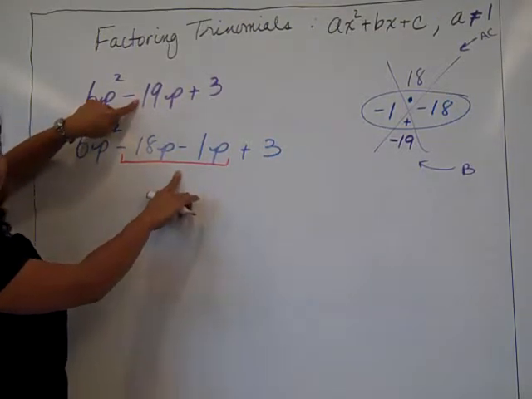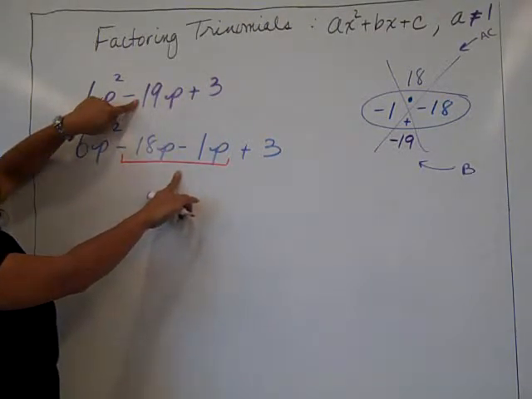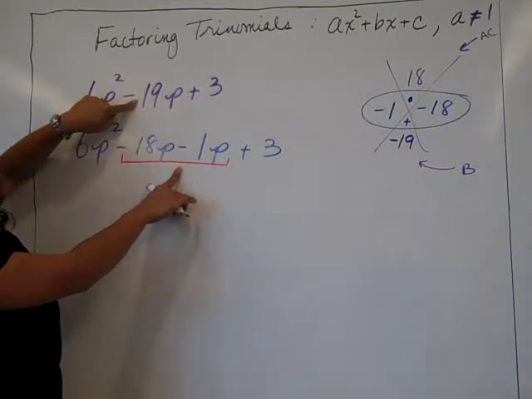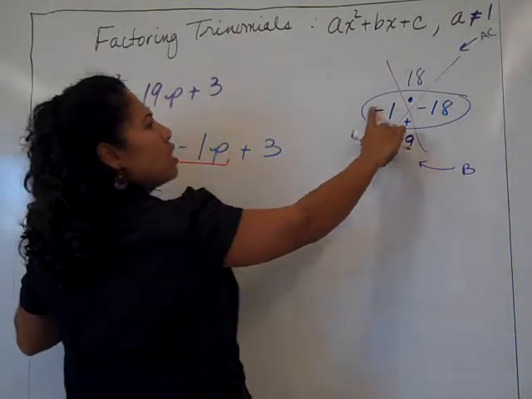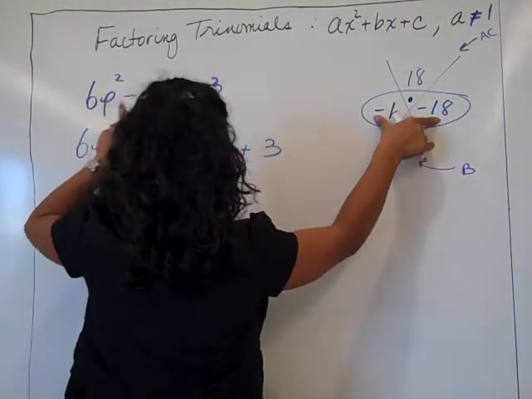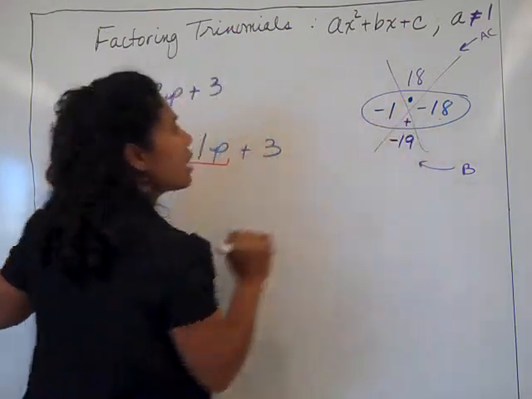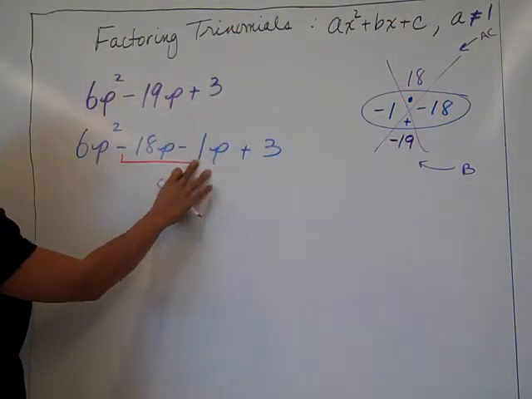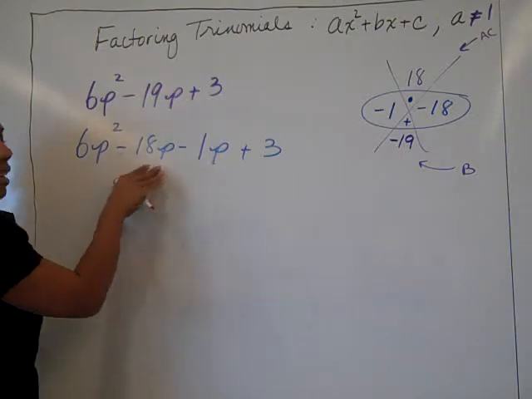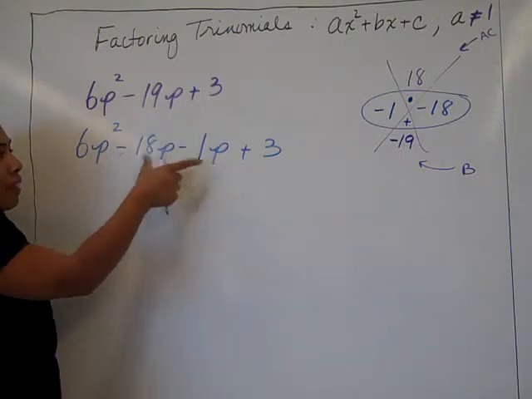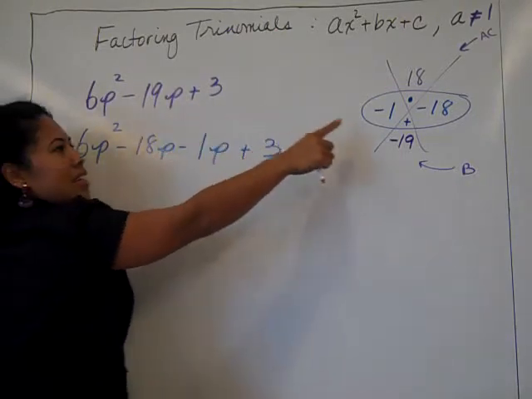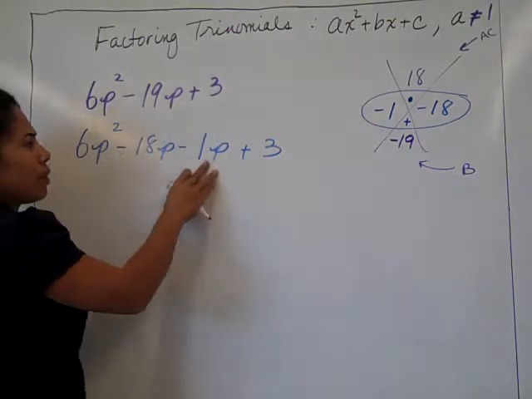This is just your negative 19p, isn't it? You see it? This is just your negative 19p. And we use this way to find out how we are going to break your b. Are you okay? Where did the negative 1 and negative 18 come from? That is just this. This is giving us ways to break it apart.